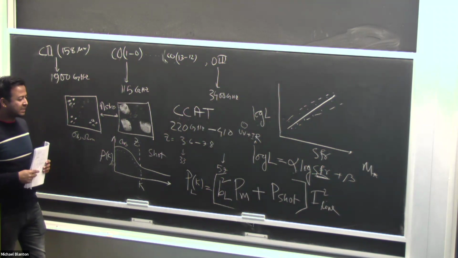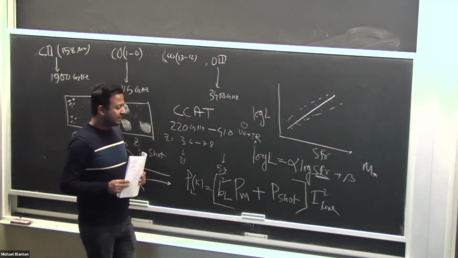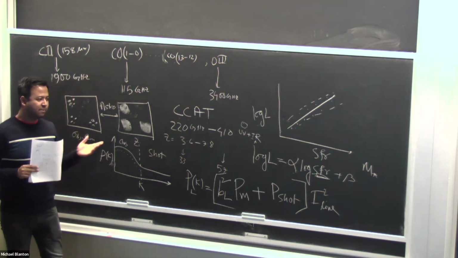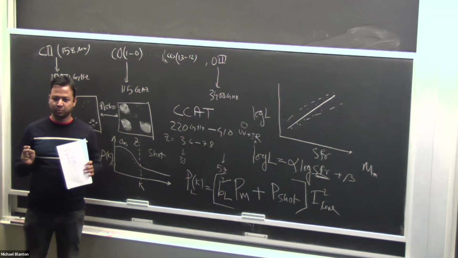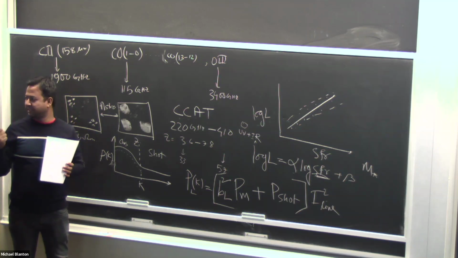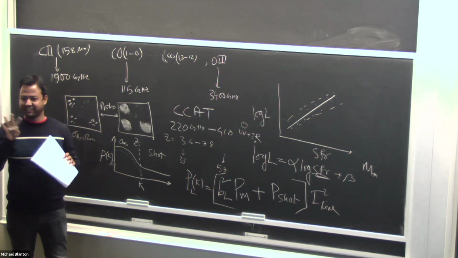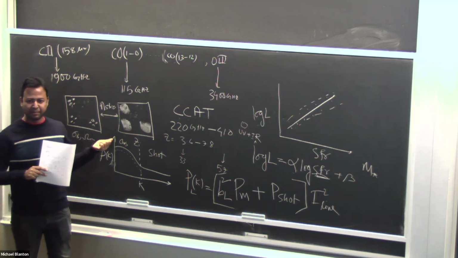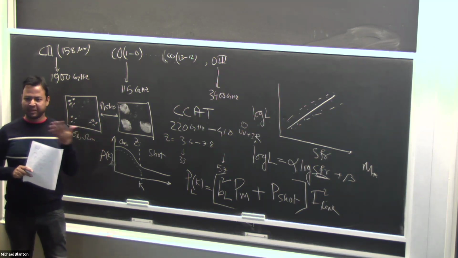And P shot is the flat noise. Just to give you an idea of what shot noise is, for example, if I have an iPhone and I go to a dark room and want to take a picture of that dark place, I'd expect the picture to be completely dark.